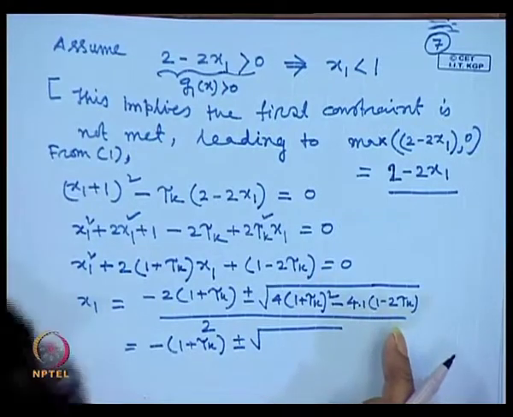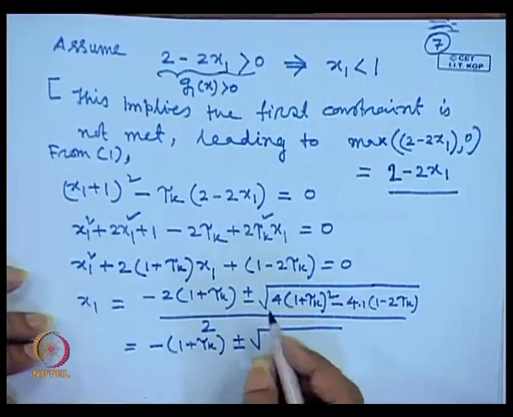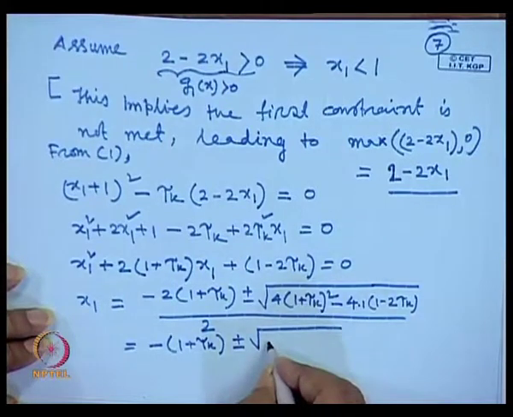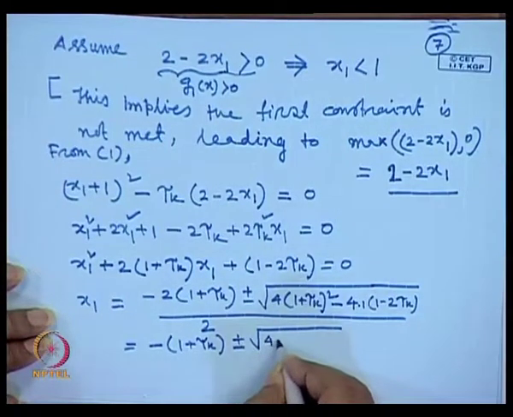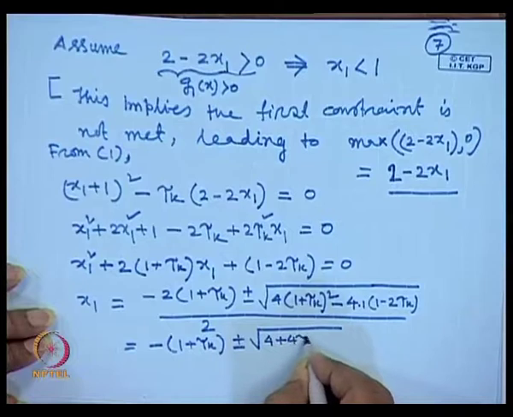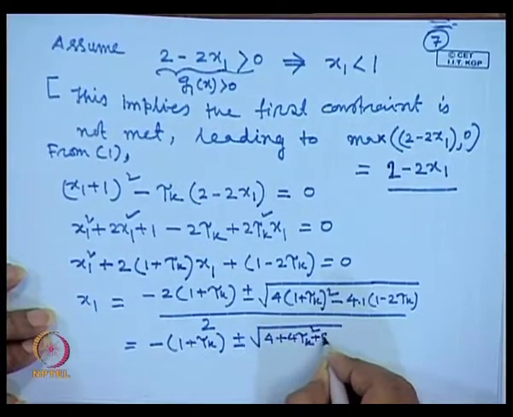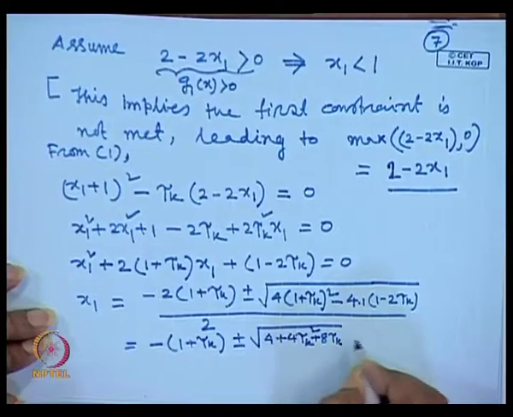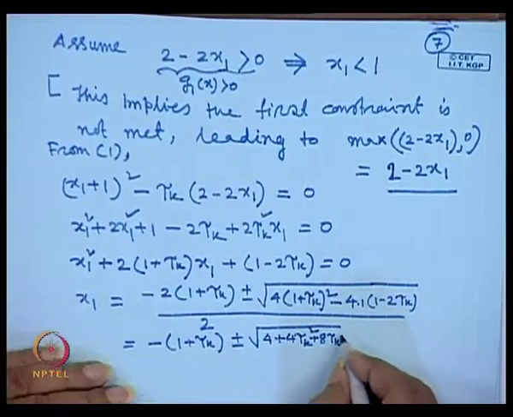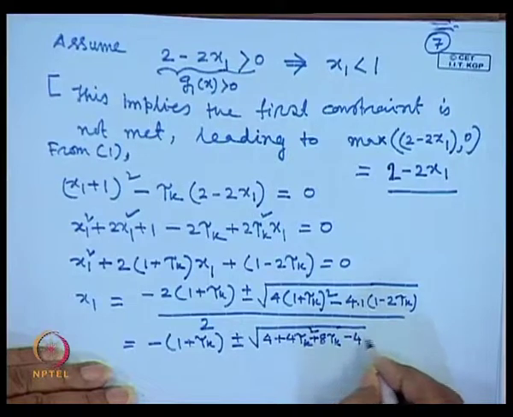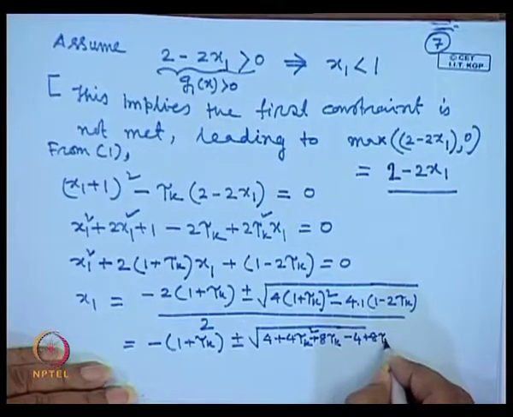So, in total, we expand this one: 4 plus 4 tau k square plus 8 tau k minus 4 plus 8 tau k.